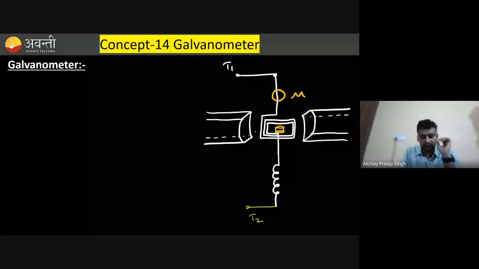So what can you answer? Whenever the coil is in the magnetic field and has some current, some torque acts on it. Due to this torque, the coil starts rotating. You can see that there is a strip which is connected to it.